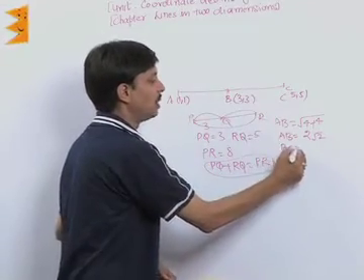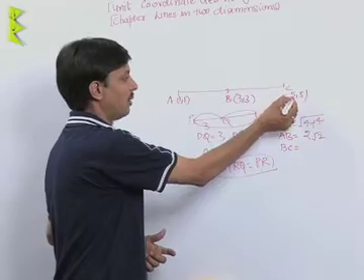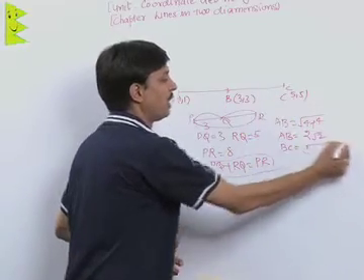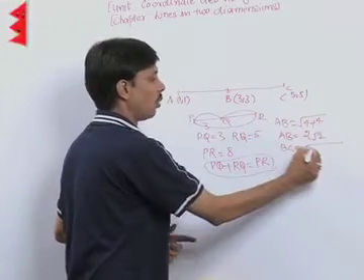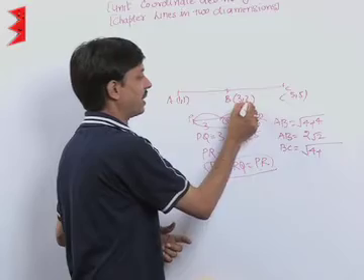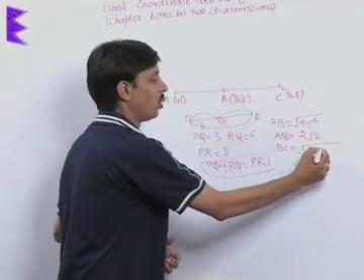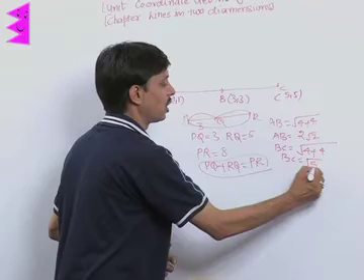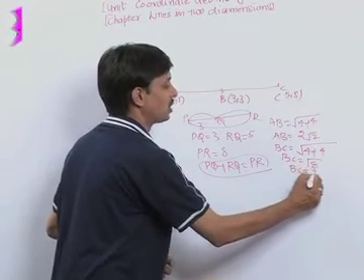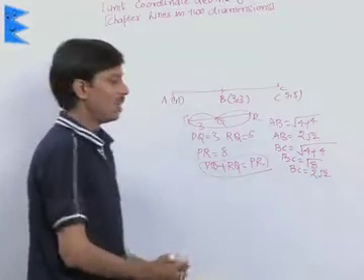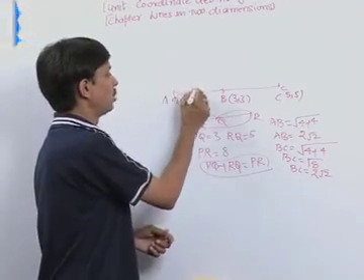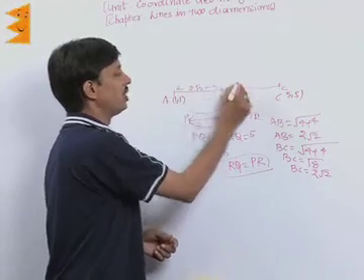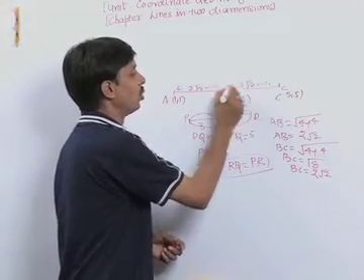The distance BC is what? 5 minus 3, 2, whole square is 4. y2 minus y1, 5 minus 3, 2, whole square is again 4. So the answer of BC is root 8, which is 2 root 2. AB distance is 2 root 2, BC distance is also 2 root 2.